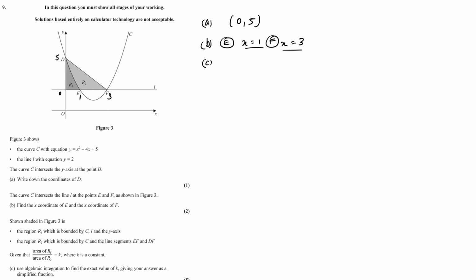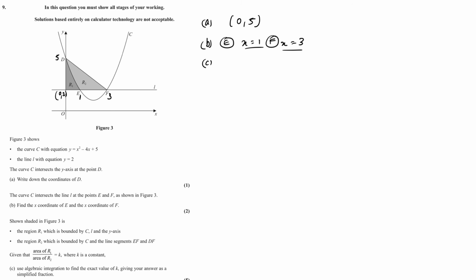So what I need to do here for R1, I want to integrate between this curve and this line, and obviously between 0 and 1 there, because 0 and 1, the area under this curve gives me all the way down to the bottom, and then I just need to take away this area underneath. Okay, so that's obviously like that, 0, 2 there. So I can do it two ways.